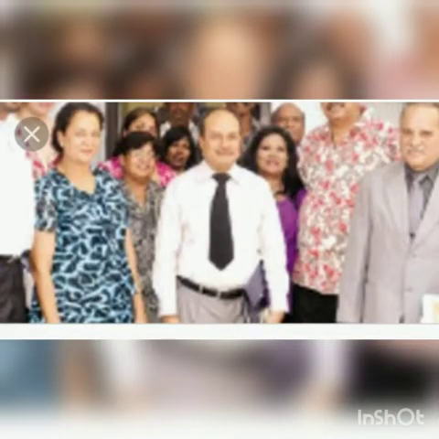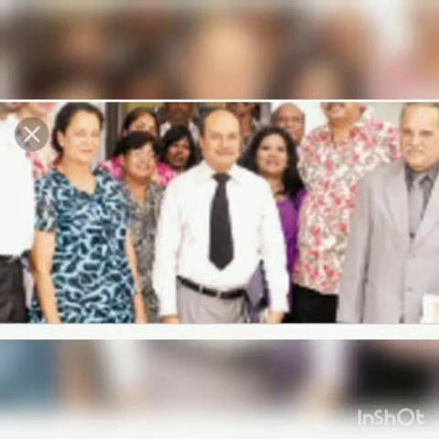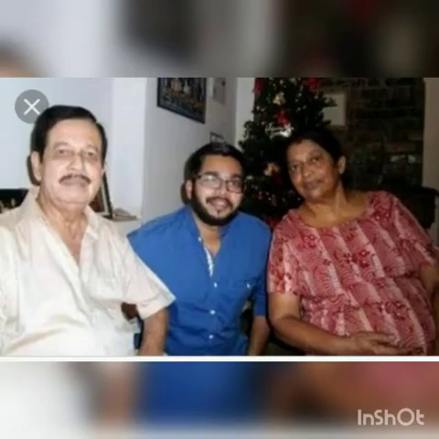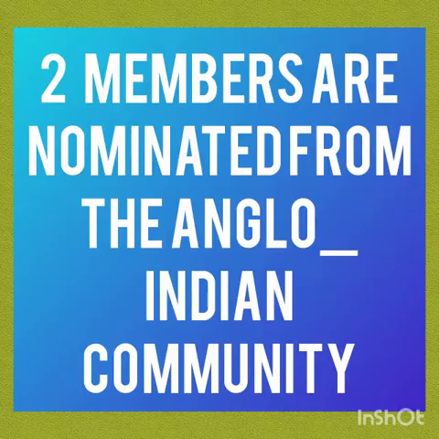Anglo-Indian community is a community of people who are not fully Indian by origin. Some of their forefathers were British, and so they are known as Anglo-Indian. So, in order to give the Anglo-Indian community representation in the Lok Sabha, the President nominates 2 members from the Anglo-Indian community to the Lok Sabha.